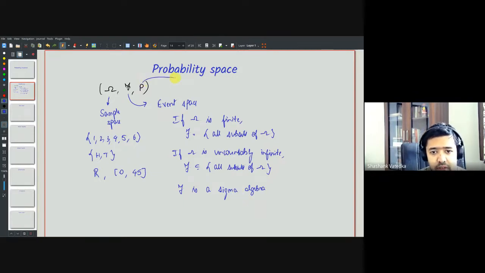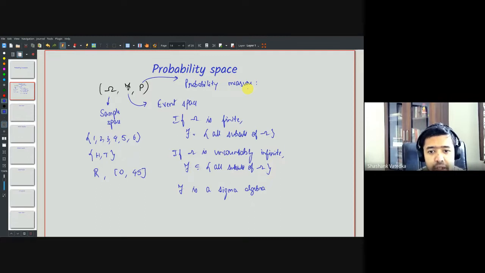And the third quantity, so these three quantities together constitute a probability space. Whenever you're looking at any random experiment, these are three quantities which completely define that particular random experiment. So the third is a probability measure. Right. Basically it assigns a number to every possible event.